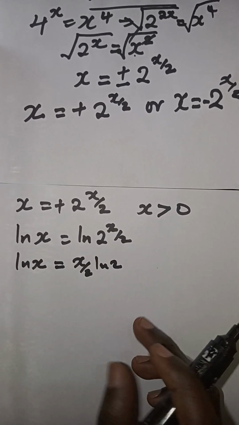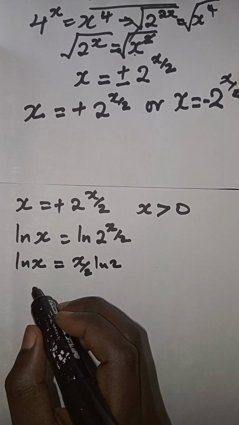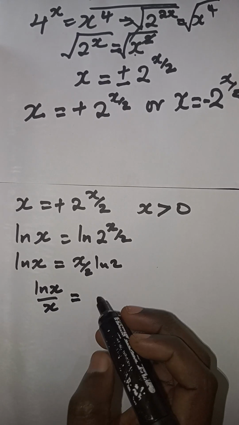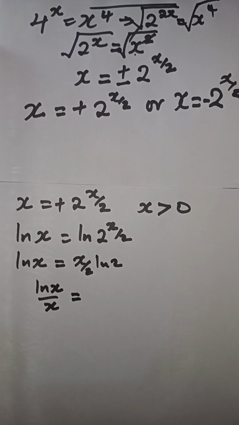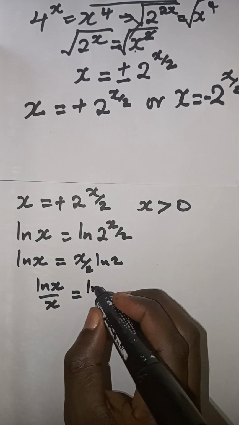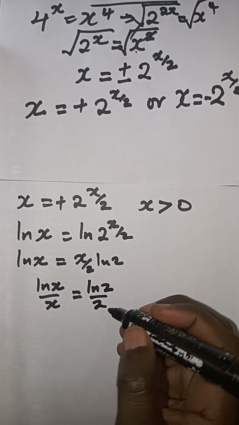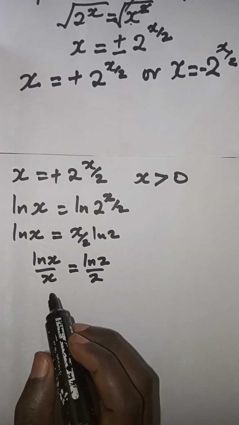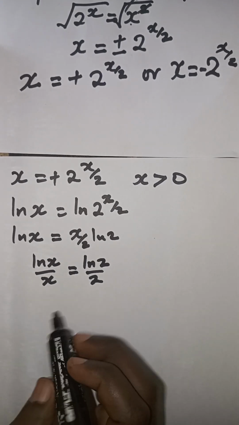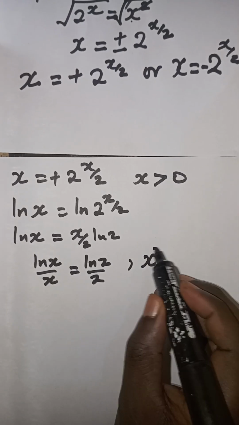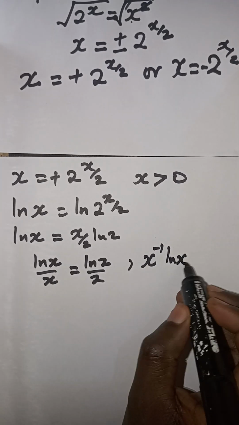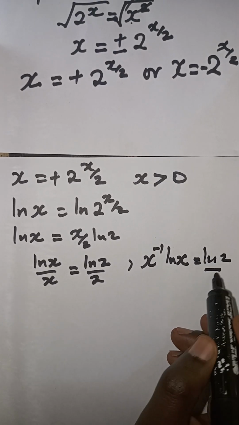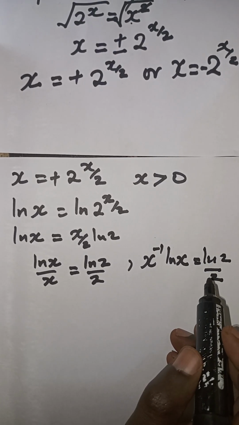Taking x to the other side, I'm going to get ln of x divided by x is equal to ln of 2 over 2. So this can be written as x raised to power negative 1 times ln of x is equal to ln of 2 divided by 2.